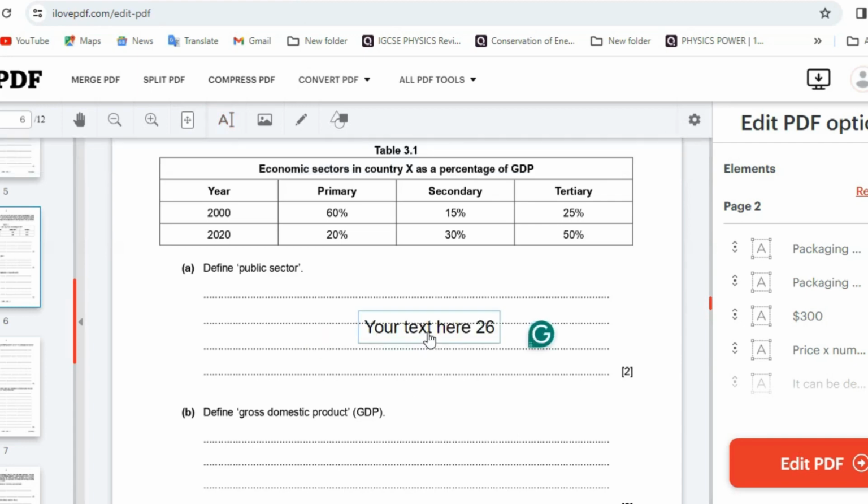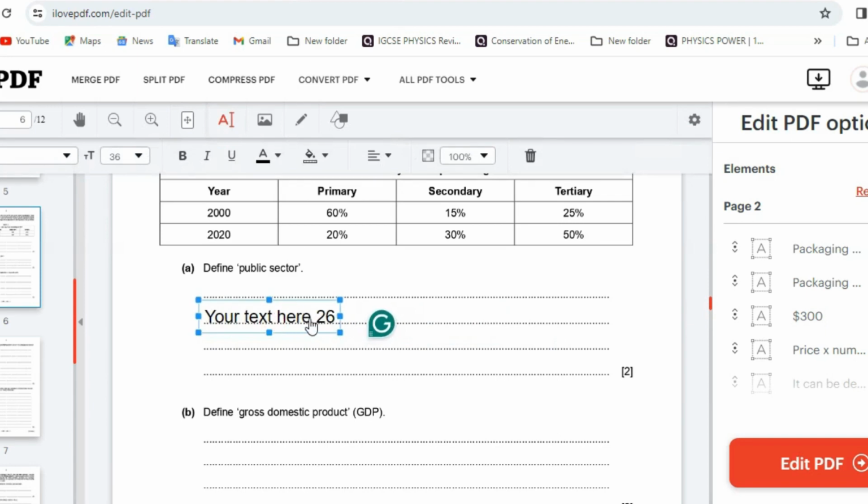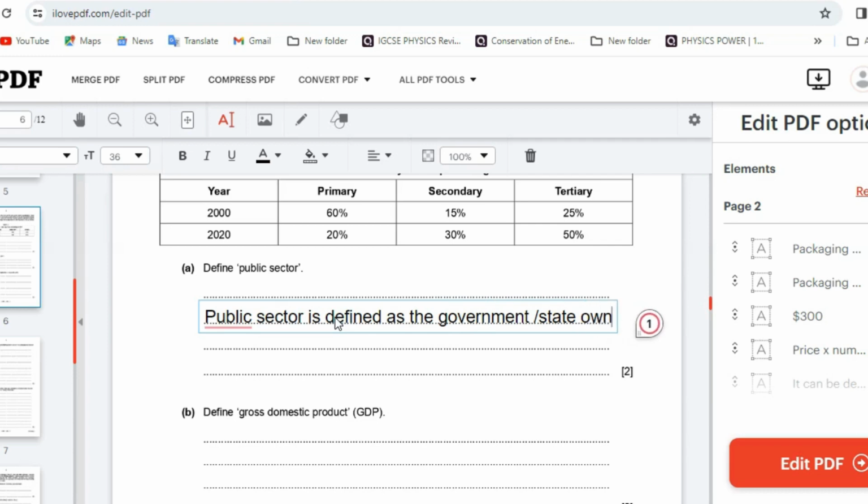If you did not put the business as government owned business, let's say public sector is defined as the government or state owned business, because the business is owned, operated, and controlled by the government.